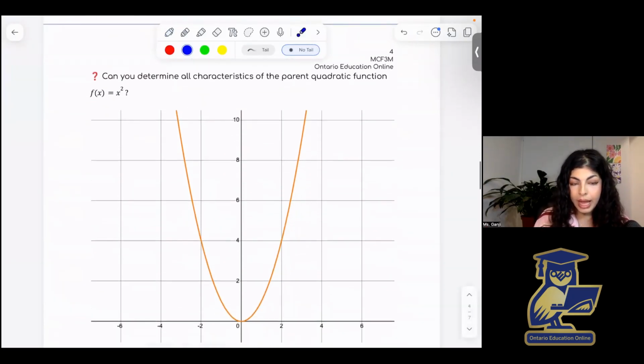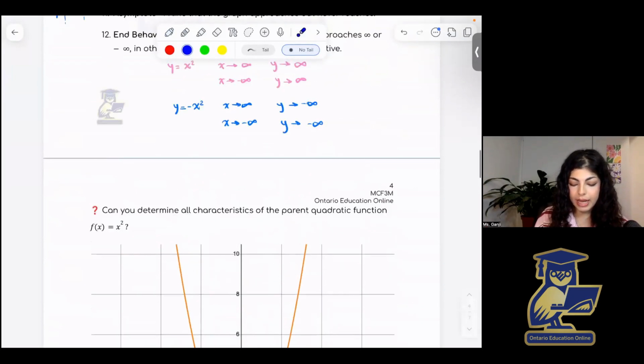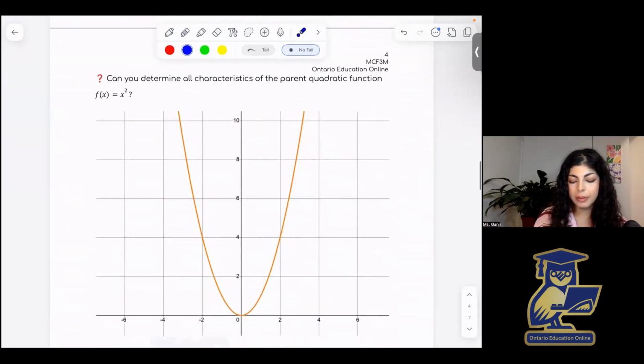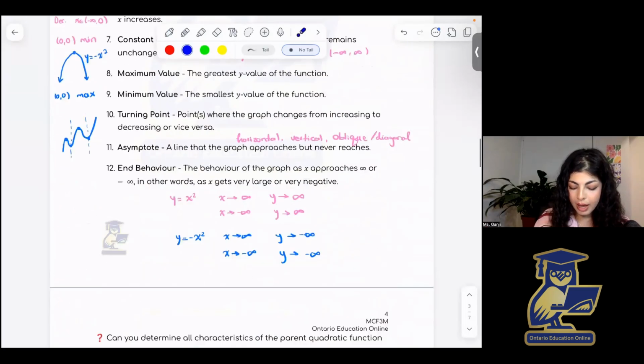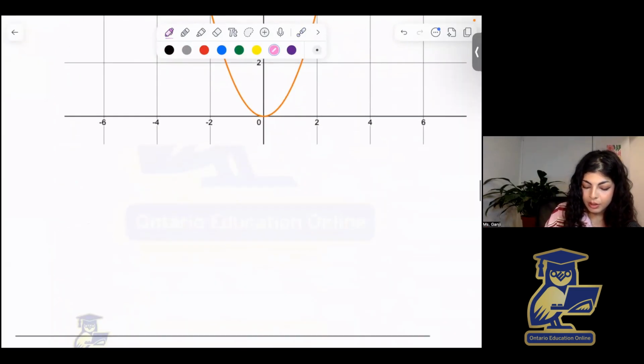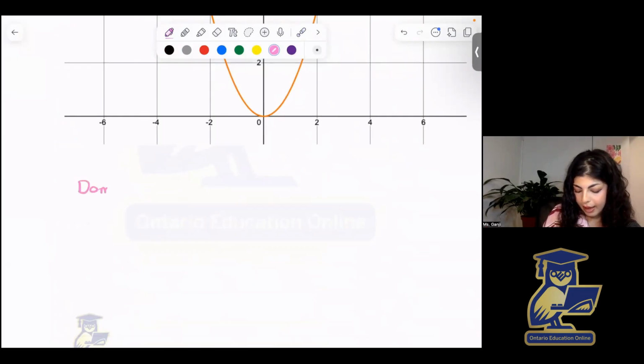So we did this a little bit already as I was going through all of them, but here we are asked to determine all characteristics of the parent function for our quadratics, y is equal to x squared. So, starting with our domain and range. Of course, the domain we can have all values of x in the set of real numbers, and same with range.